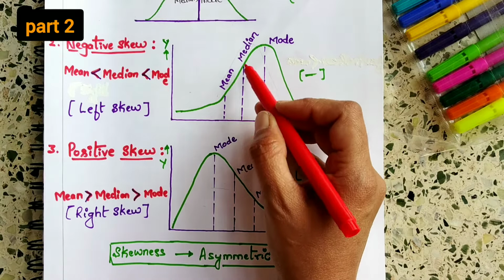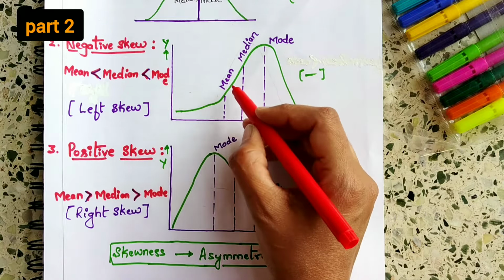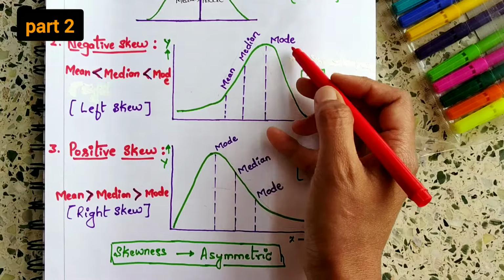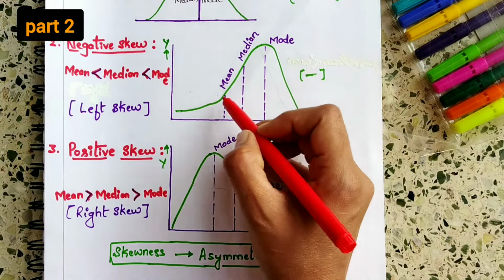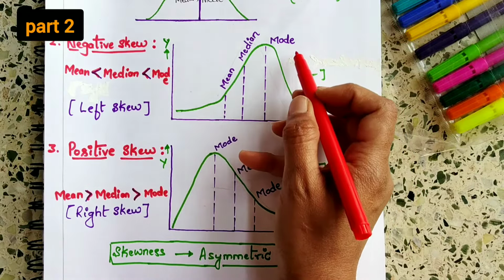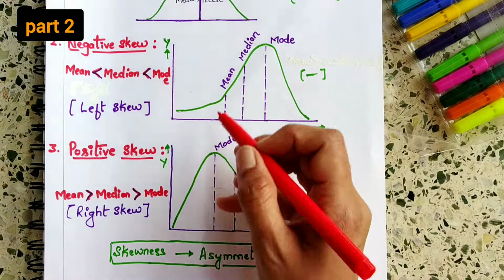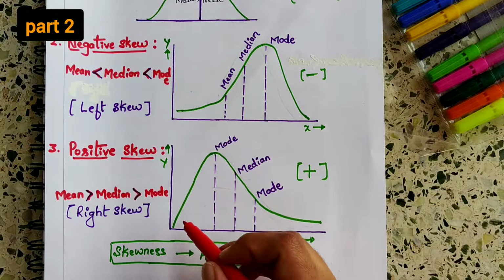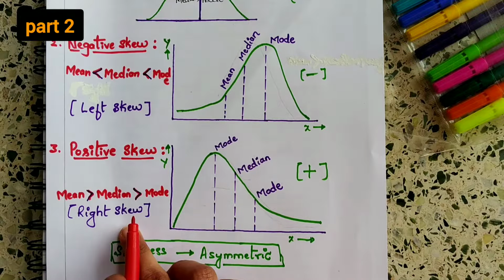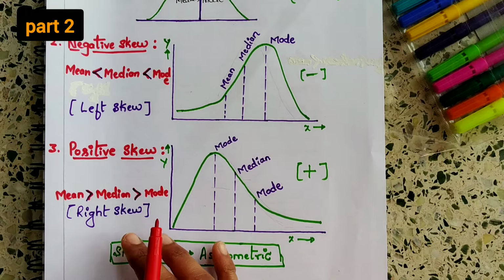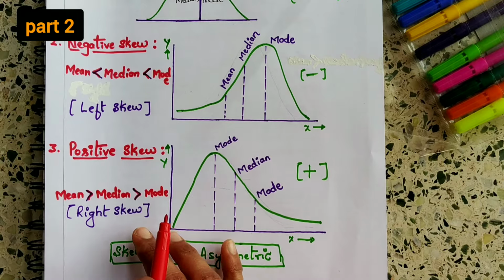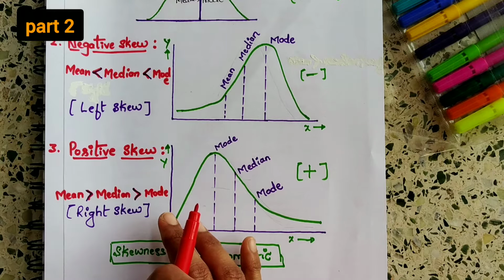Here mean will be the lowest and mode will be the maximum. Here mean is less than median, okay. And in case of positive skew, it is also called right skew. In this case, mean will be greater than median, and median will be greater than mode, okay.